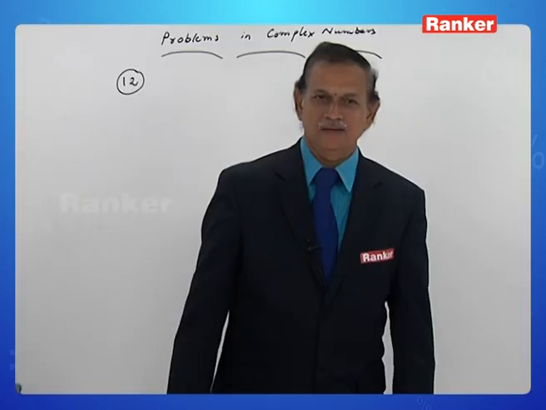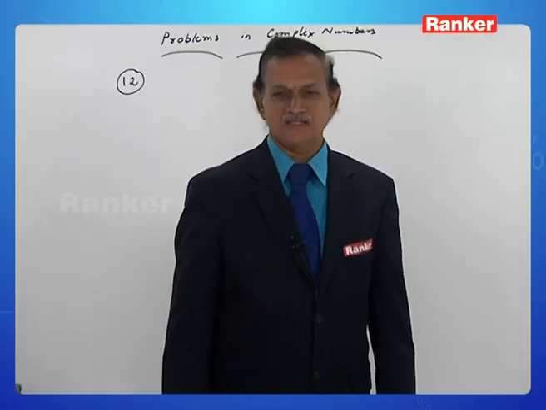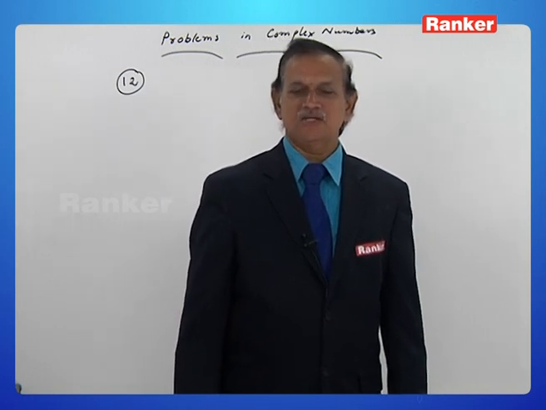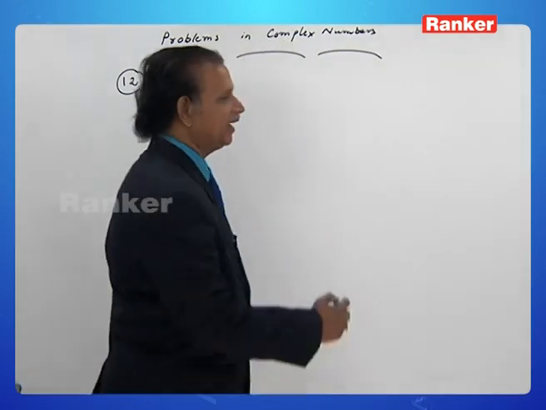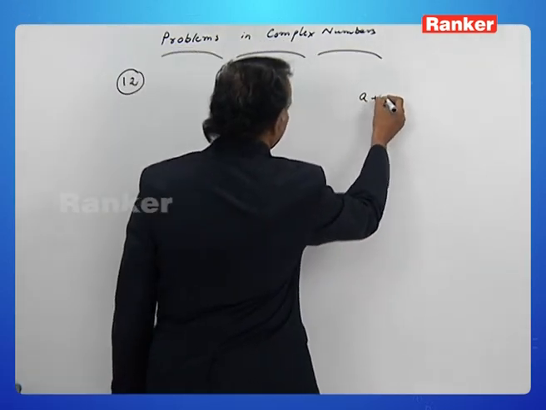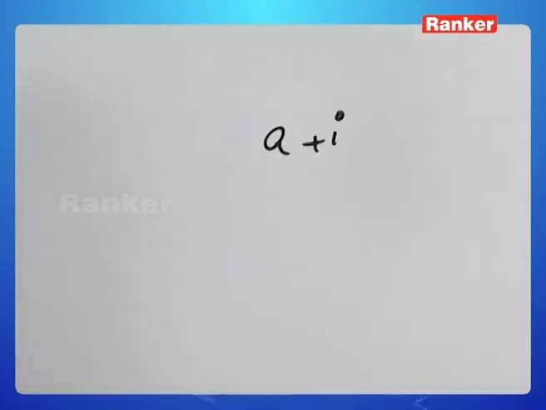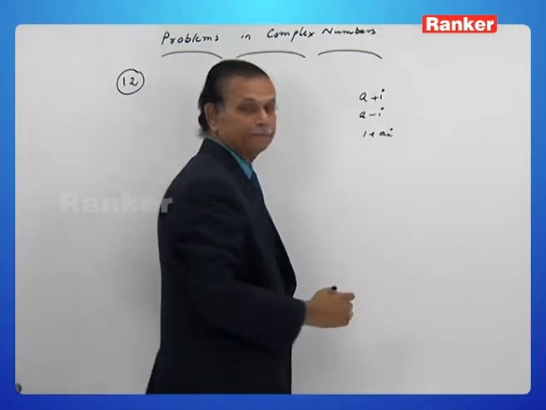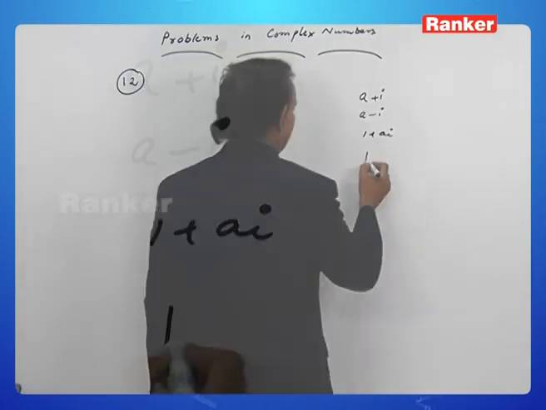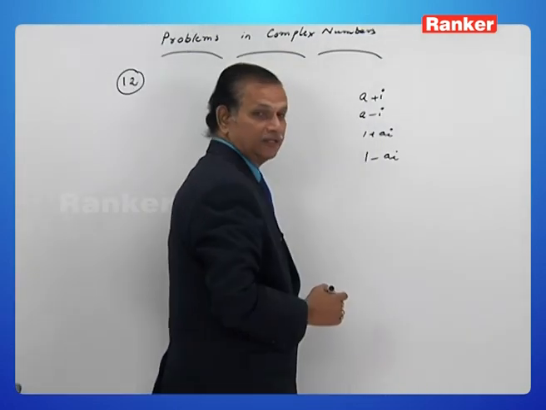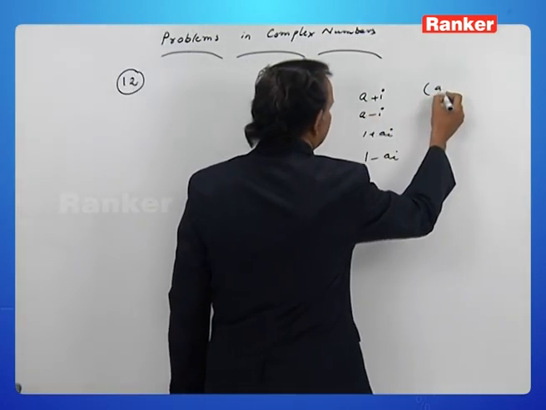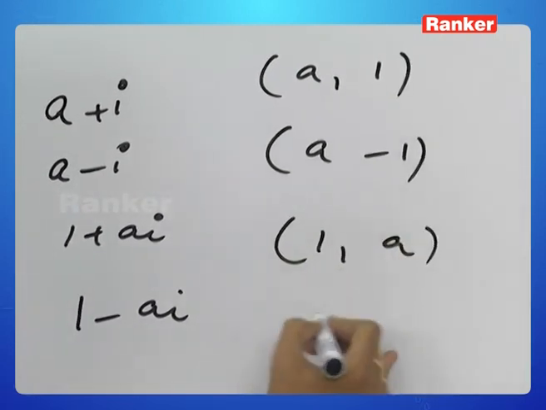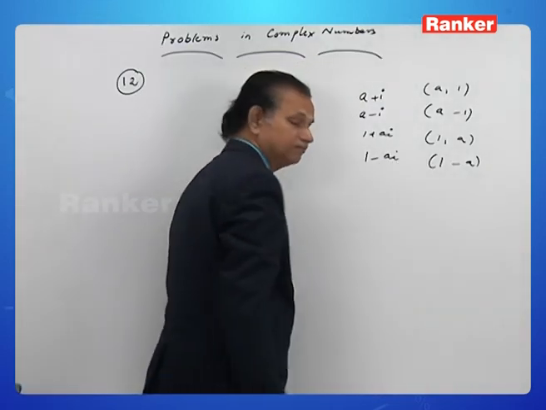That's it. In the question, the 4 vertices are the points which are represented by the complex numbers a + i, a − i, 1 + ai, 1 − ai. a + i is the point (a, 1), this is (a, −1), this is (1, a), and this is (1, −a).